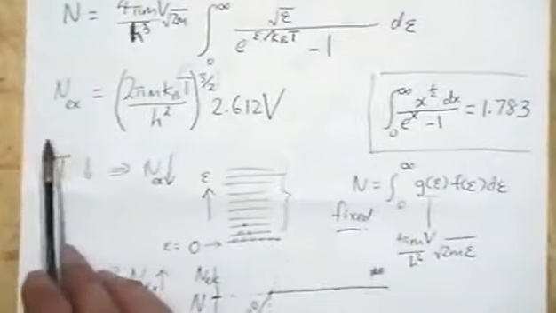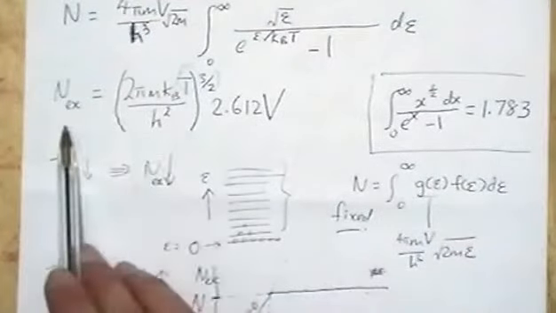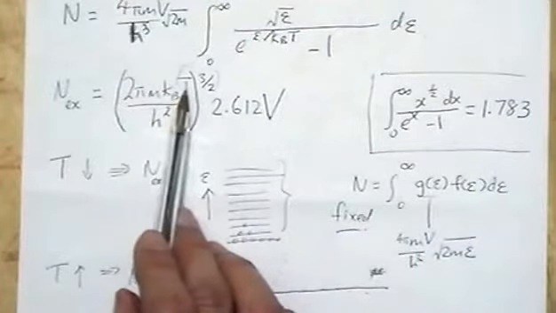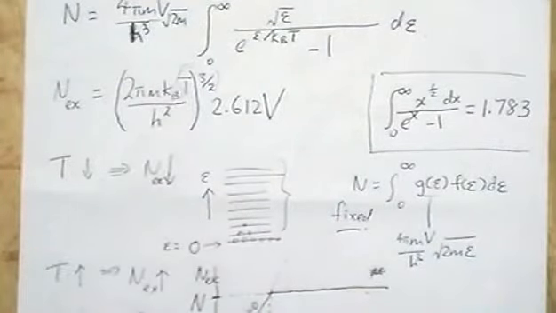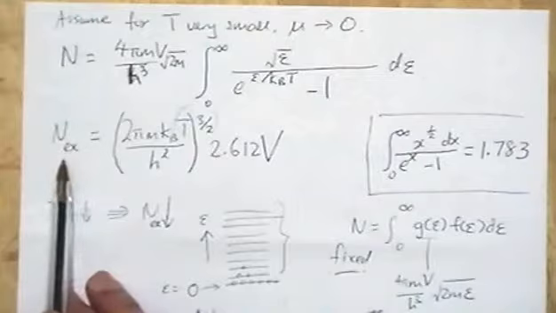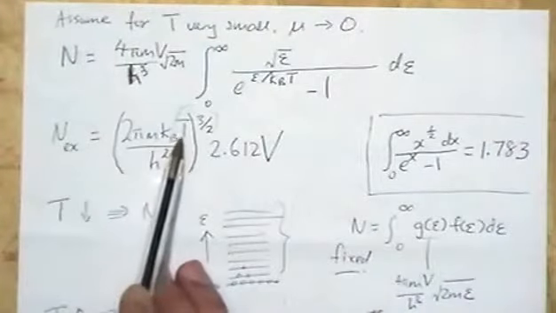We had this formula here that relates NEX to T, and the T we are interested in is the TBE, which happens when NEX is equal to N. So all we need is to set NEX to N, and we can solve for the condensation temperature.